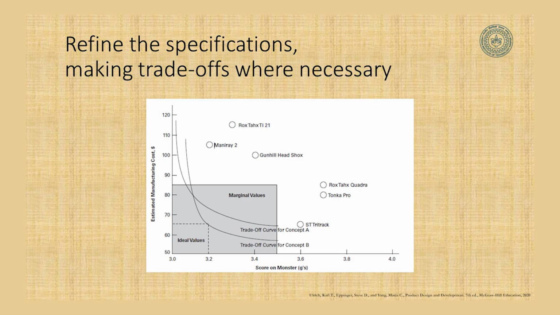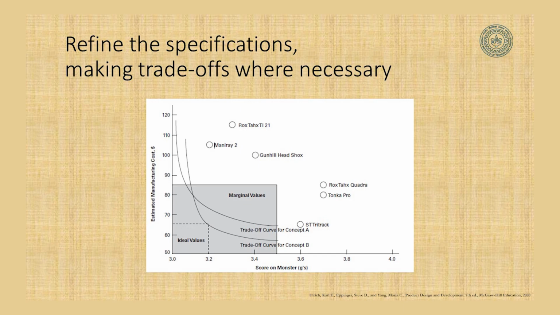If you want to transmit less force to the biker, the cost goes higher and higher. And you can also plot on this where the other competitors stand. What is their manufacturing cost and what is the amount of force they are transmitting, and then you can choose where you want to stand, whether you want to be in the marginal values or you want to go really ideal.